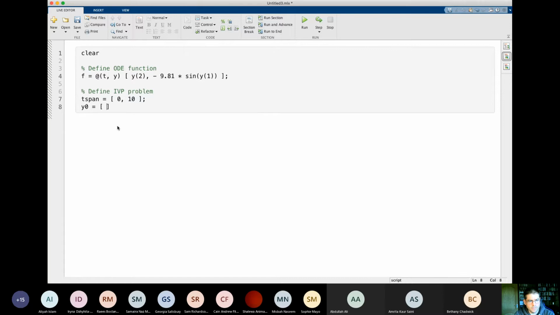Y0 is obviously the initial state of the system. So in this pendulum problem, I'm going to say it's at an angle of 1 radian away from the vertical, and in this particular system, the second element is the rate of change of that angle. So at the beginning, that angle is stationary.